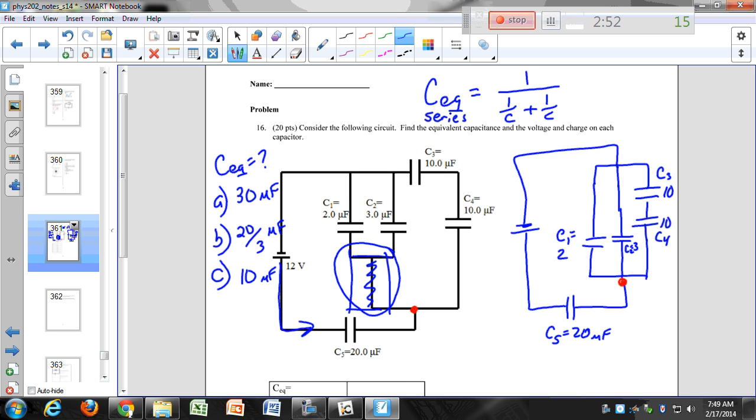Alright, about 15 more seconds. Stop at 3:05.